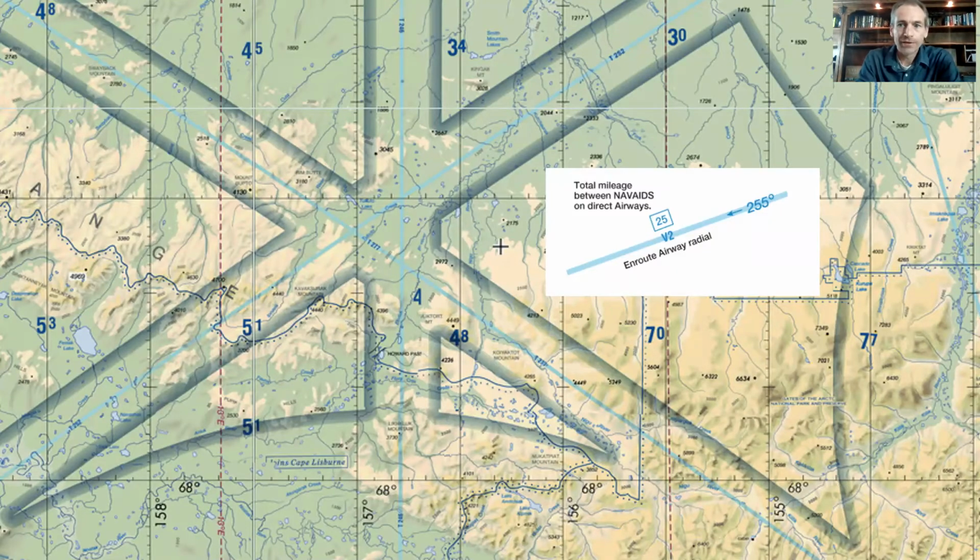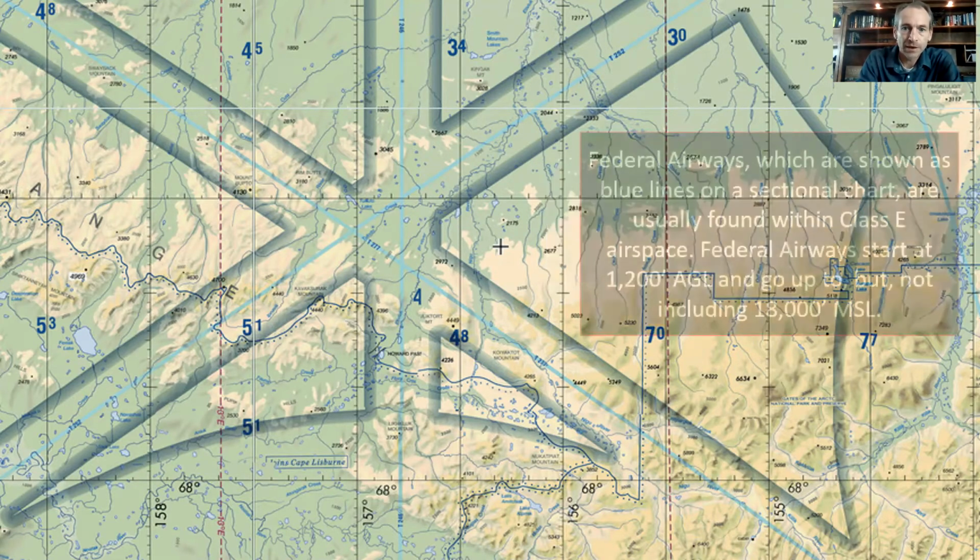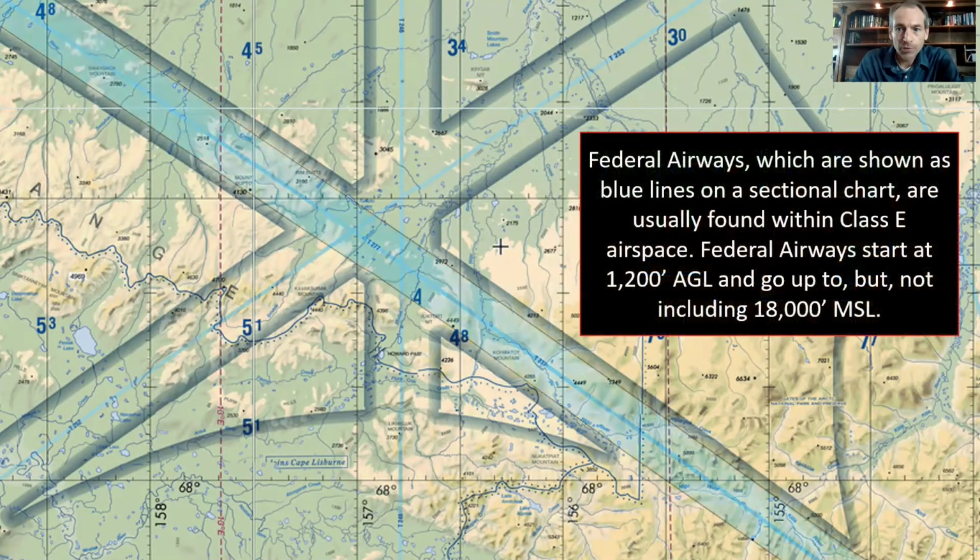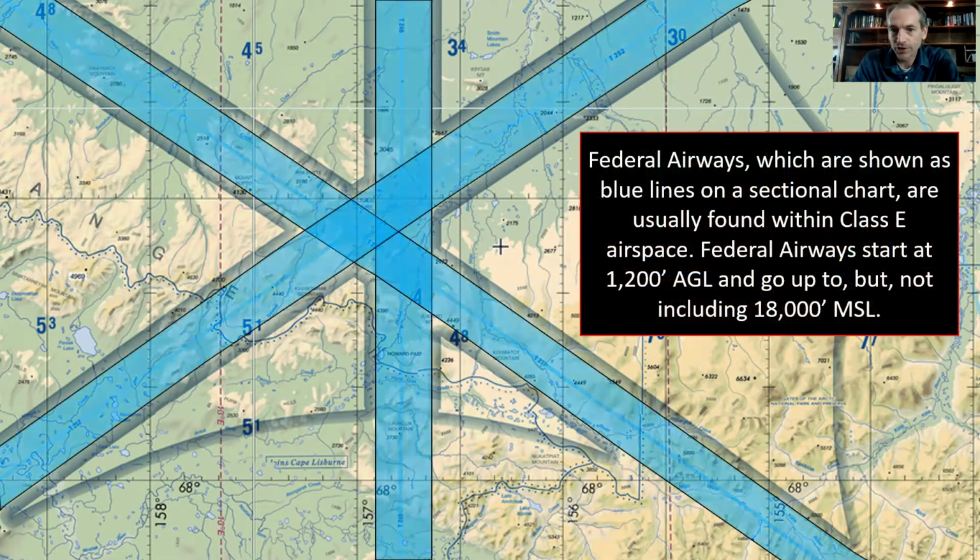So we have to look, why is that area so bizarrely designed? Well, it's because you have to think of it as the entire area is Class G, but there's going to be federal airways going through it. Federal airways, which are shown as these blue lines on sectional charts, are found within Class E airspace. And the federal airways start at 1,200 AGL and go up to, but not including, 18,000 MSL.